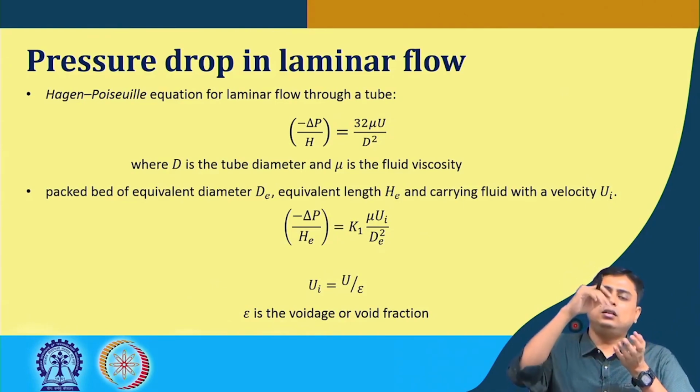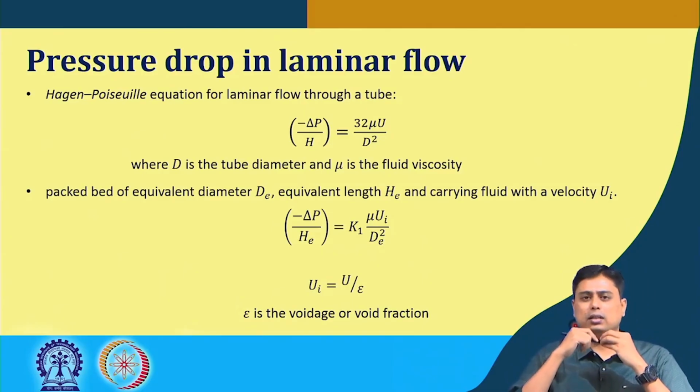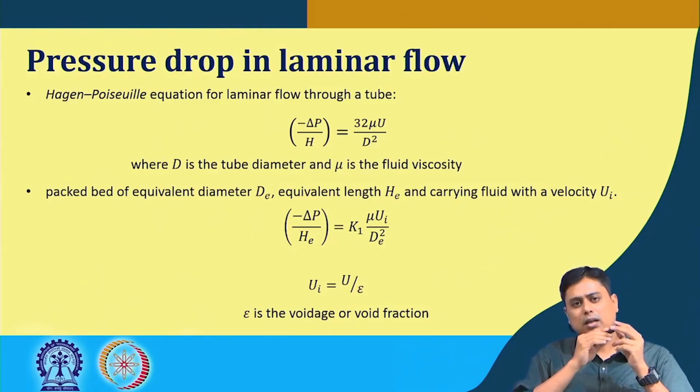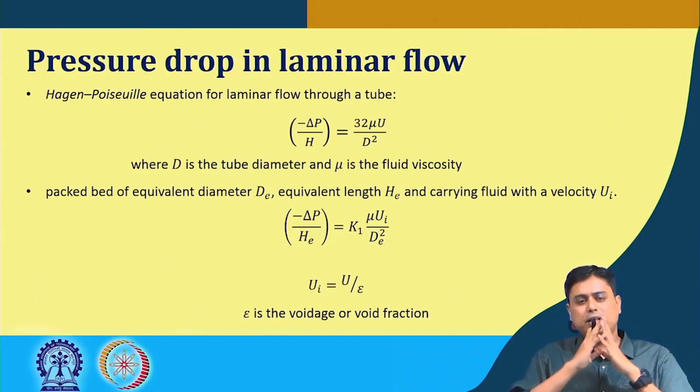When the water flows inside those sand particles, the velocity you can measure is the local or interstitial velocity, and that is the superficial velocity divided by the voidage, quantified by this epsilon value. So the relation between interstitial velocity and superficial velocity should be clear.